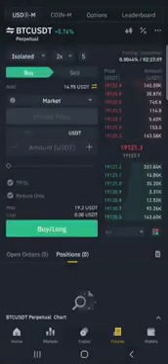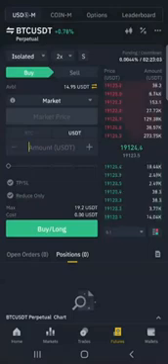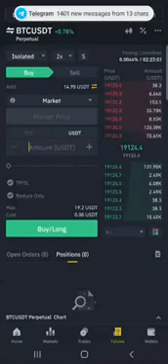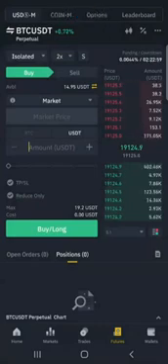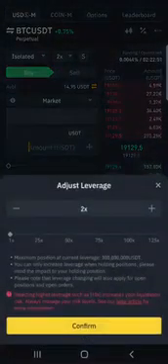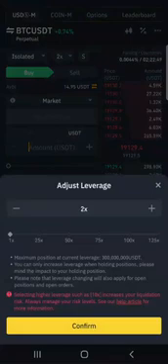All right, so the next thing I'm going to show you is the leverage, right? If you look after the isolated, we have the 2x. So let's click on this 2x here. Let's click on the drop down, so it will take us to this leverage point.